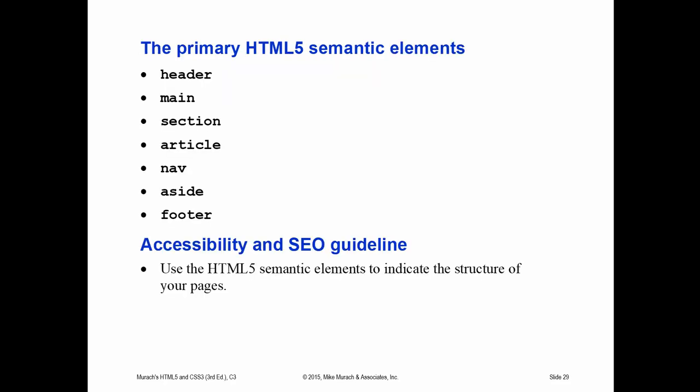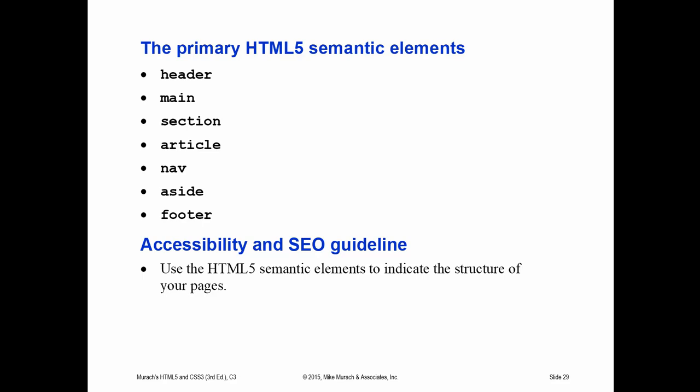Now, the key thing involved in HTML5, the newest, latest, and greatest version of HTML, is the fact that it is semantic. In the past, when people wanted to make divisions or break up a page, they used what were called div tags.